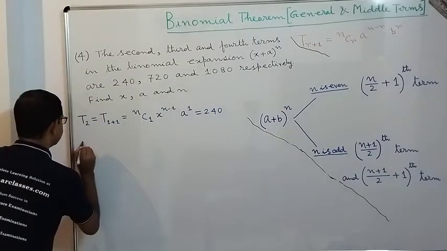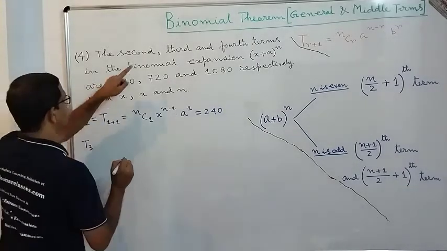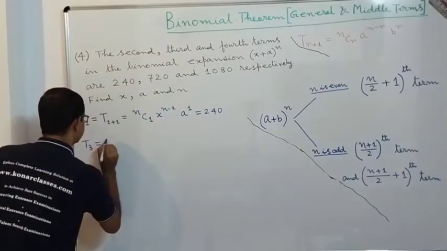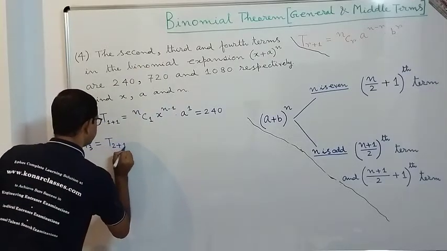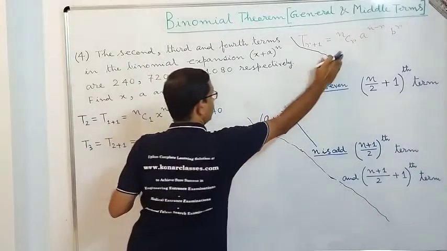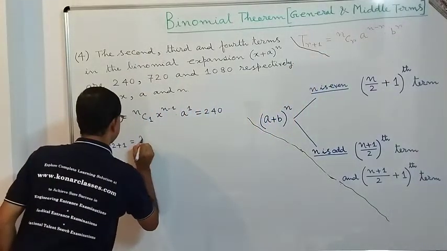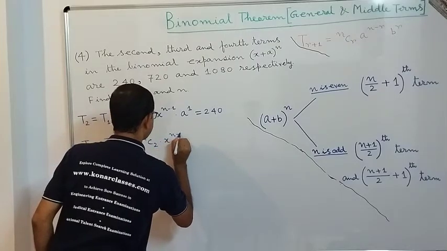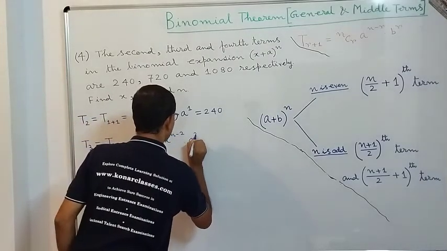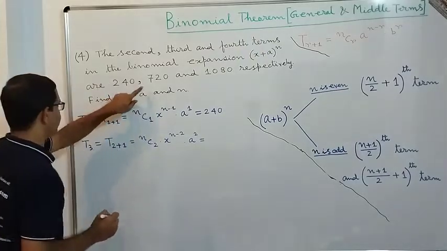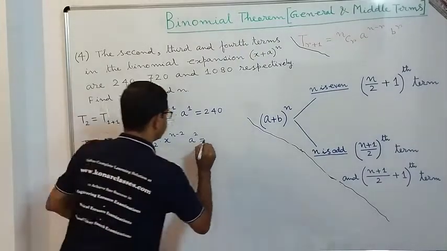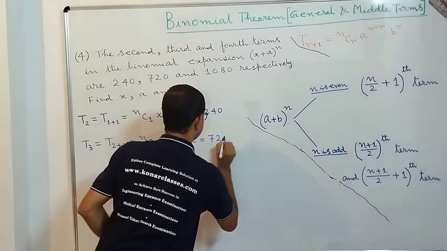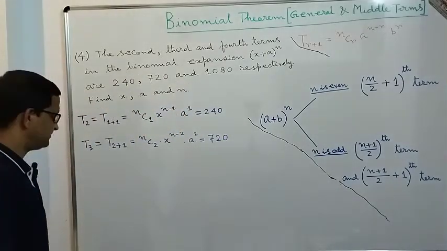Now what is t3, the third term? t3 is t2 plus 1. If you apply this formula, we get nc2 into x power n minus 2 into a power 2. According to the question, the third term is 720, so this is equal to 720, correct?